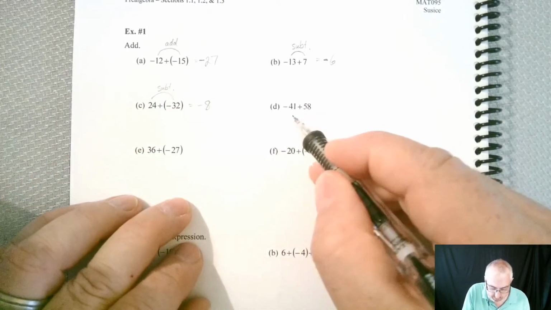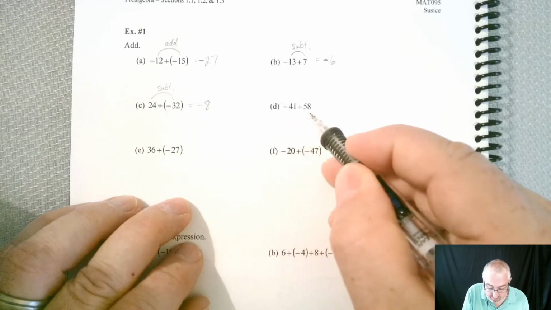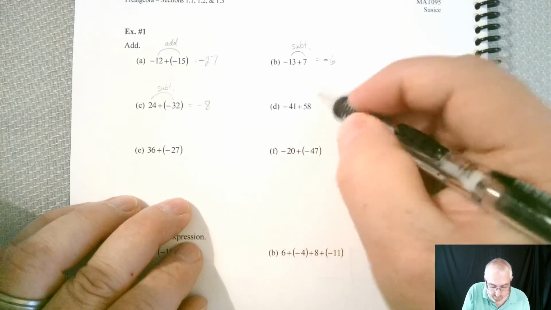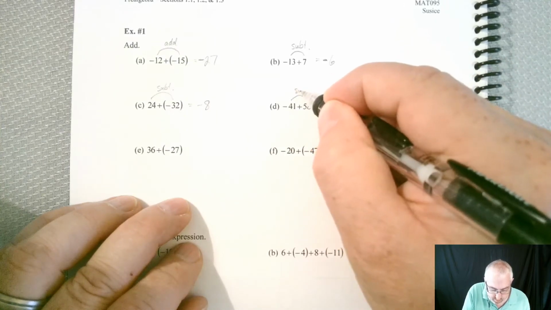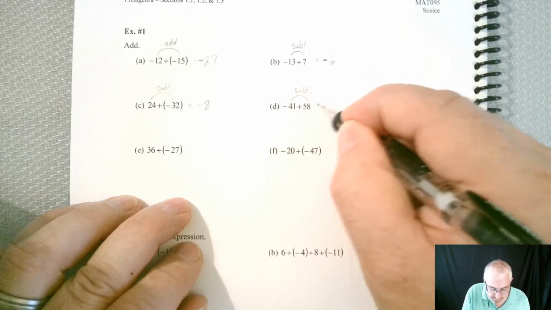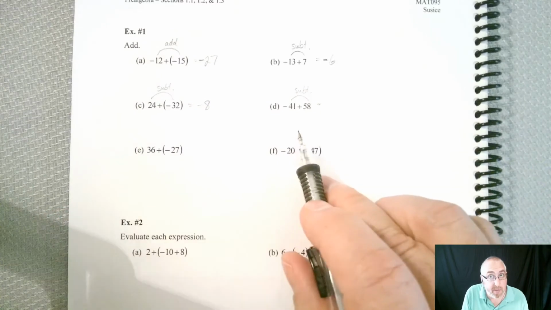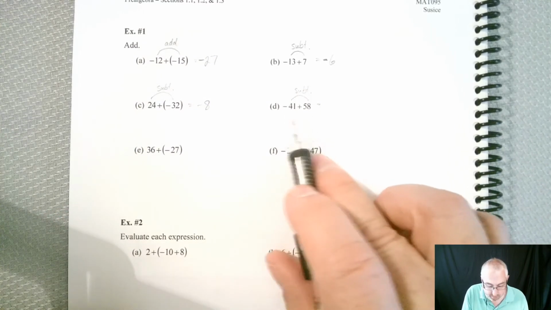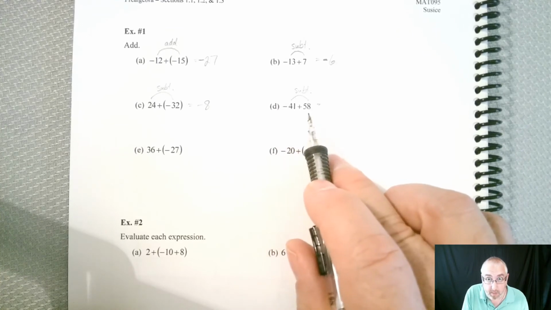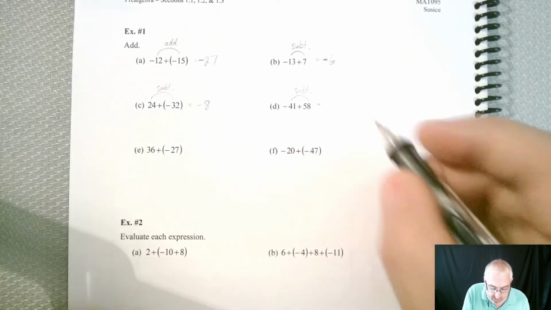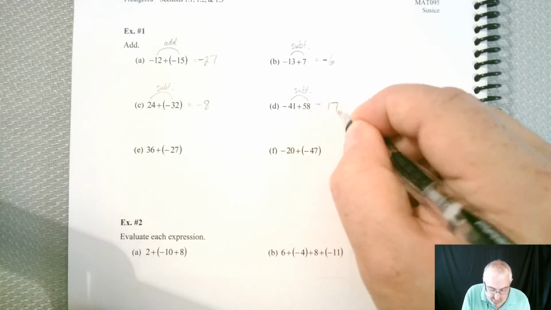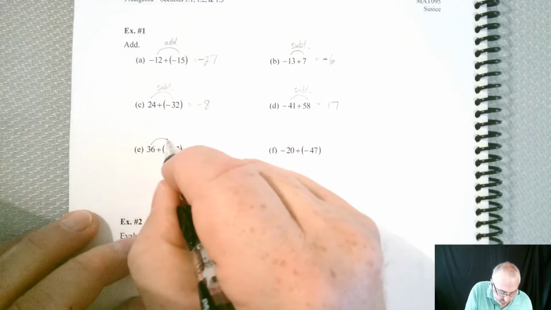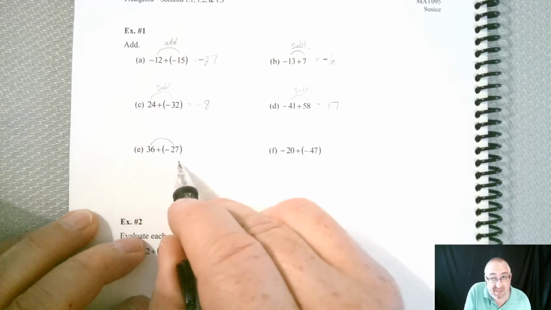Okay, what about this one? -41 plus 58. Signs are different, so we better subtract. Now is the answer going to be positive or negative though? Well, which one's bigger? The 58's the bigger one, and it's positive, so the answer better be positive. And you should get a positive 17. All right. 36 and negative 27.